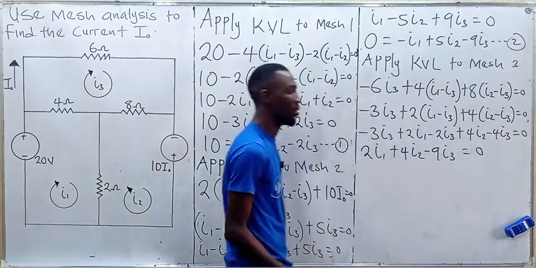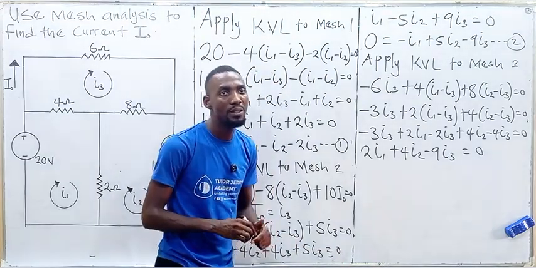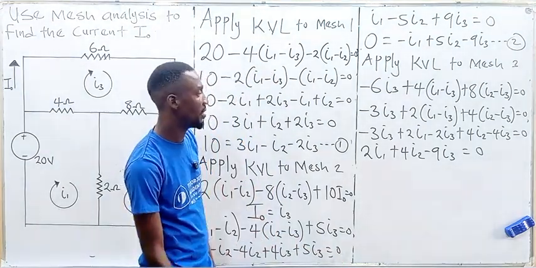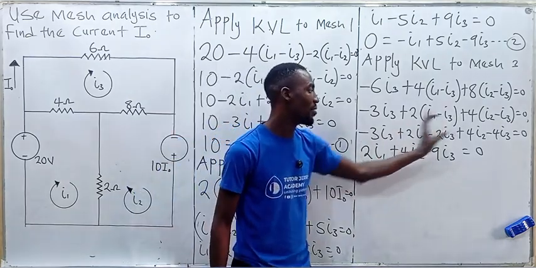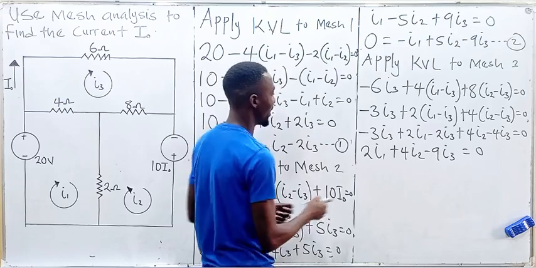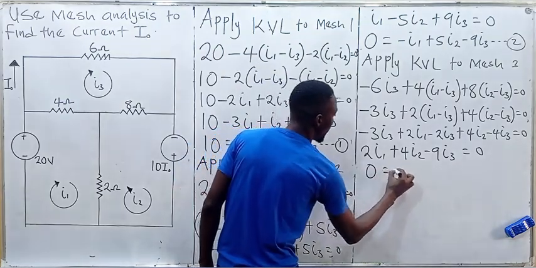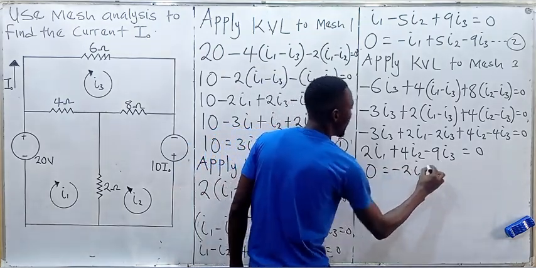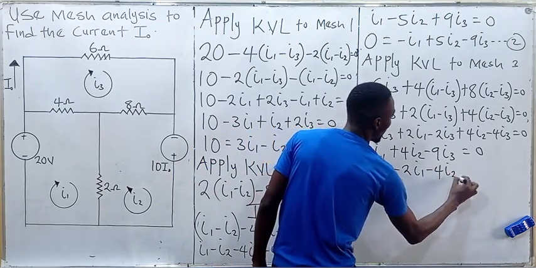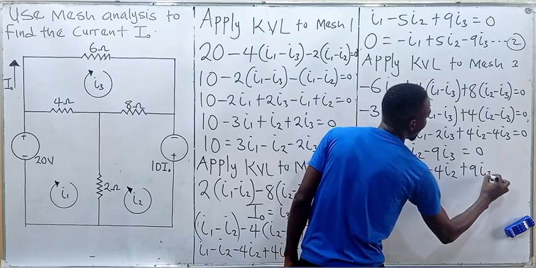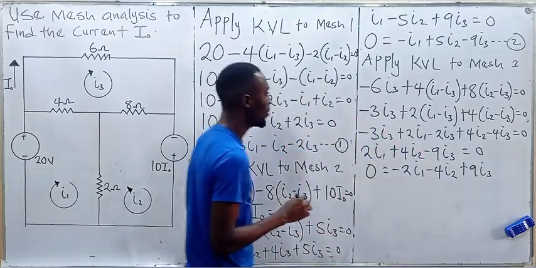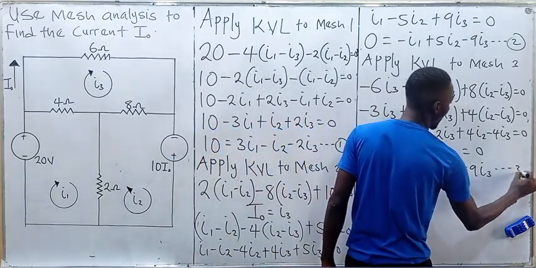Everything will be equal to 0. I hope this is clear. All right. So again, we can move everything that we have here to the other side and bring our 0 back here. So 0 will be equal to minus 2i1 minus 4i2 plus 9i3. All right. So this becomes equation number 3.